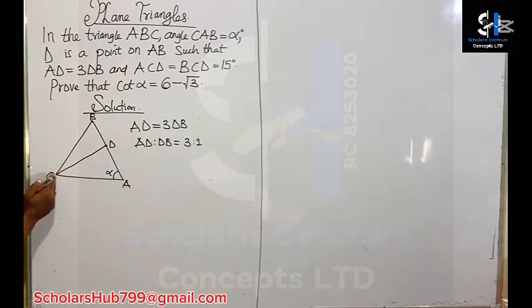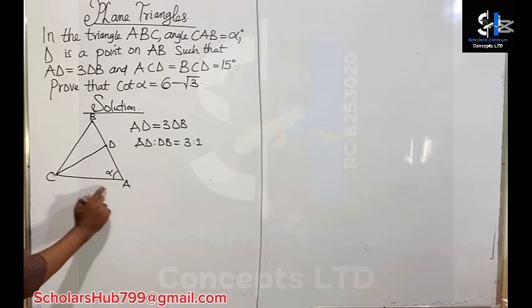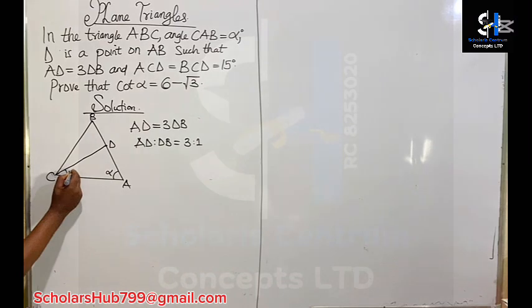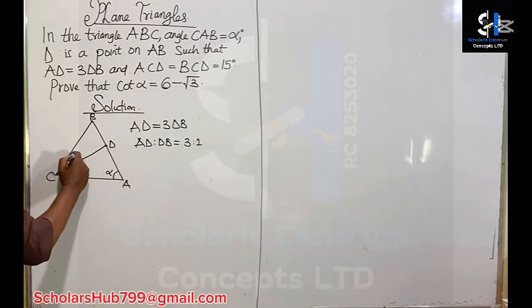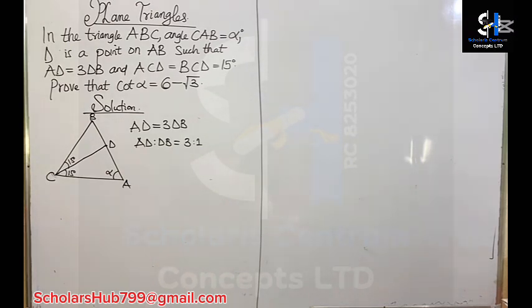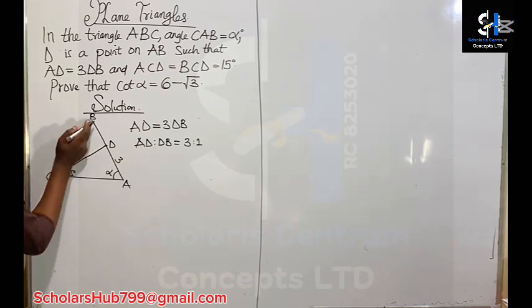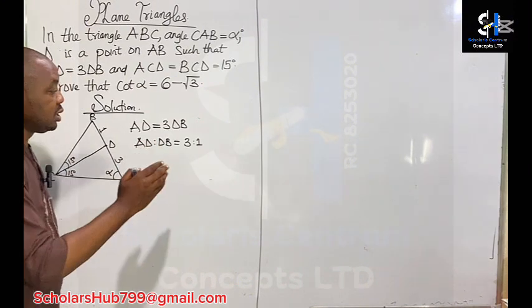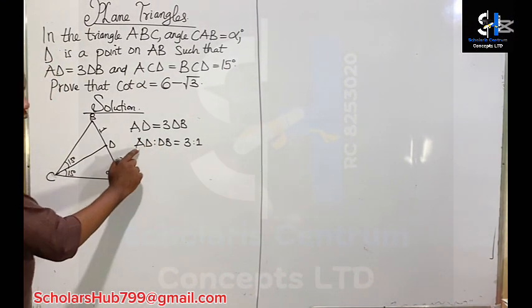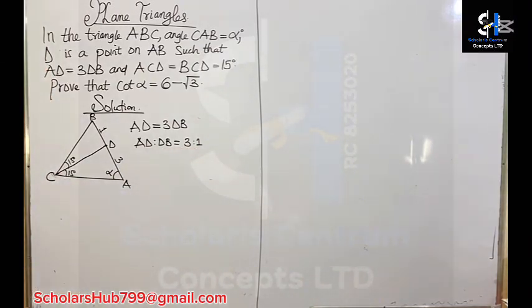So when C is joined to point D, we now have triangle ACD with the angle at C being 15 degrees. We also have BCD, which is 15 degrees. So AD will be 3, then DB will be 1, because AD equals 3DB. The ratio AD to DB is 3:1.